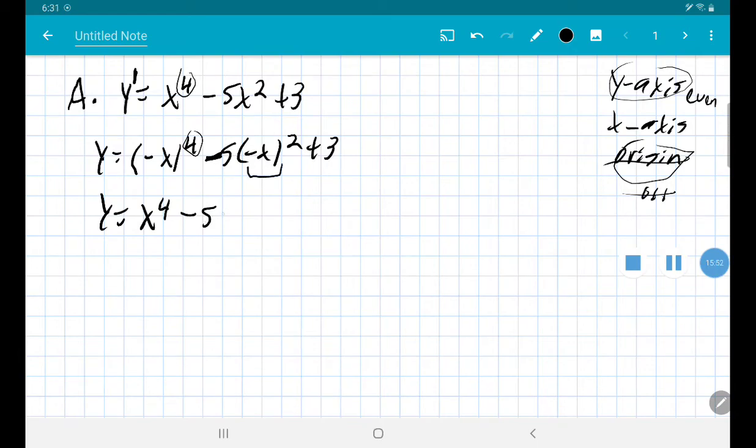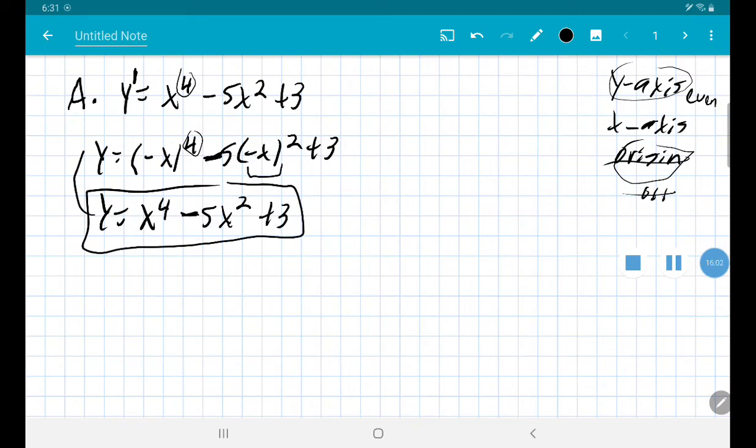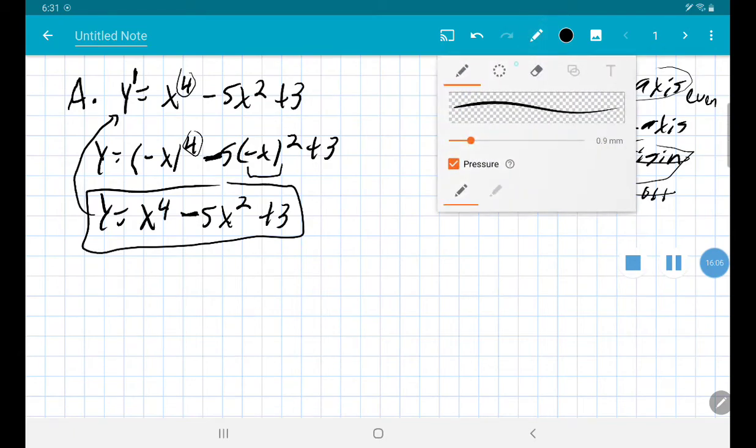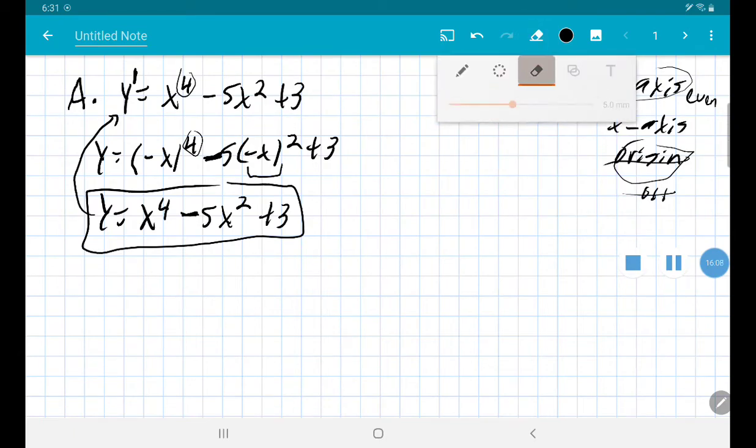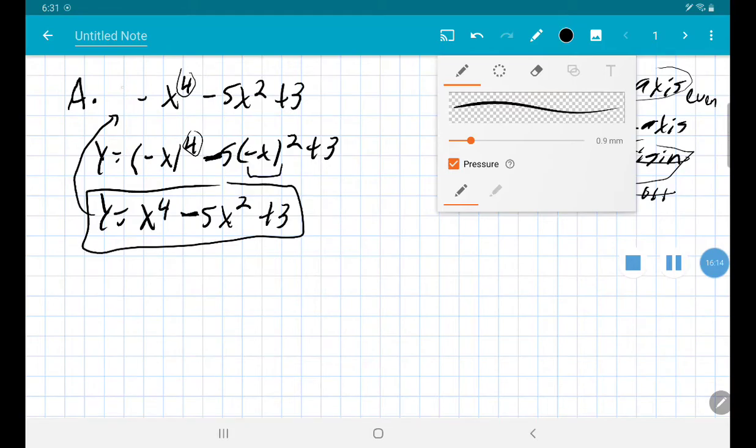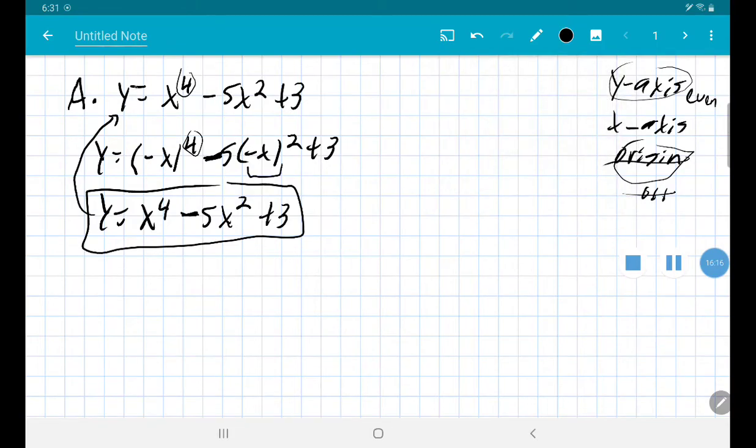A negative x squared becomes a positive x squared, and a positive times this negative stays negative. And plus 3. How does this compare to what I started with? Quite favorably, actually. I have exactly the same thing that I started out with. So I'm feeling really good that this does have y-axis symmetry.